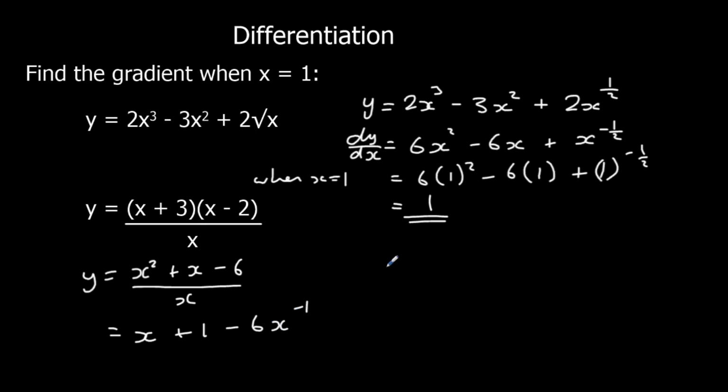So dy dx, I'll write it here, so it is 1 plus 6x minus 2. So 1x just goes to 1, the 1 on itself disappears, and then minus 6, negative 6 times a negative 1 is a positive 6, and then taking 1 off the power, negative 1 minus 1 is negative 2.